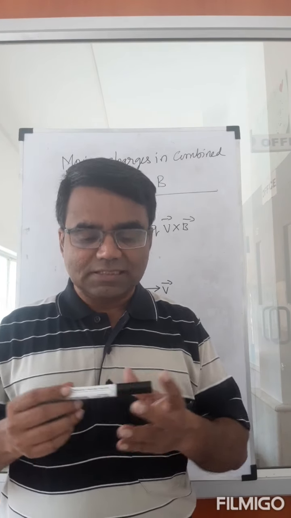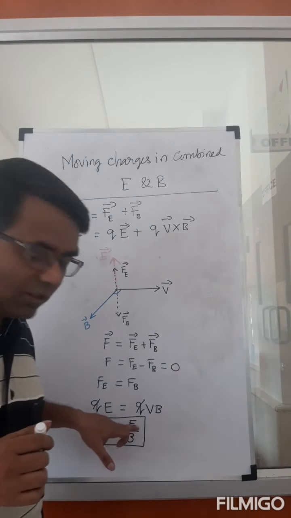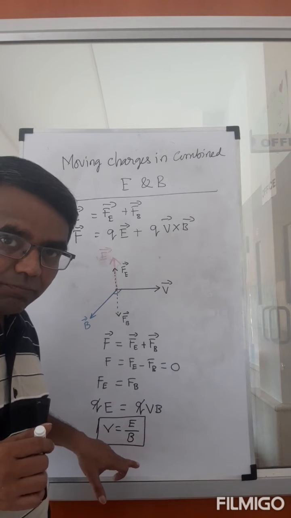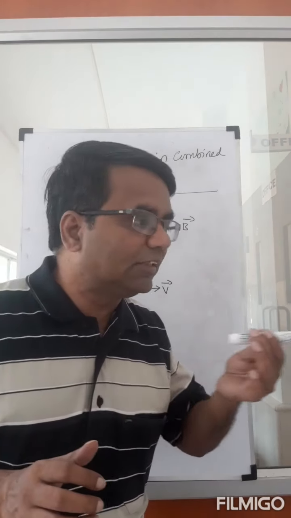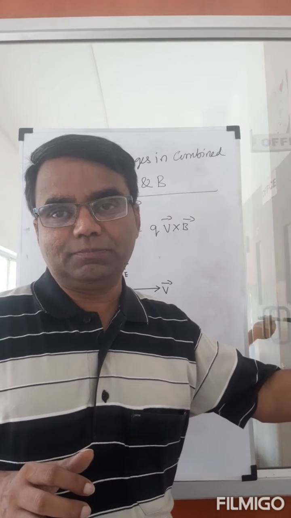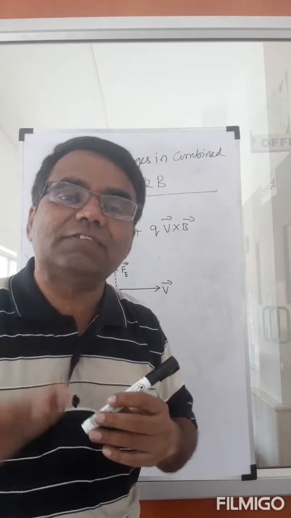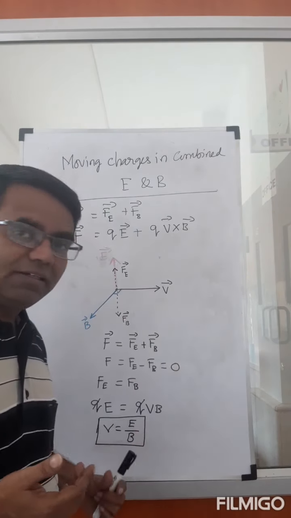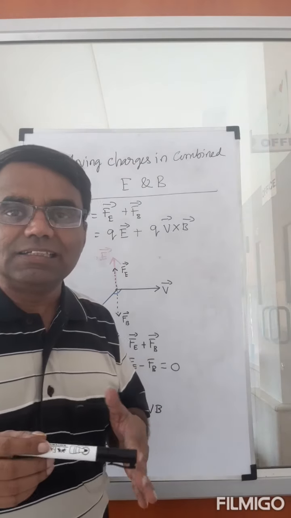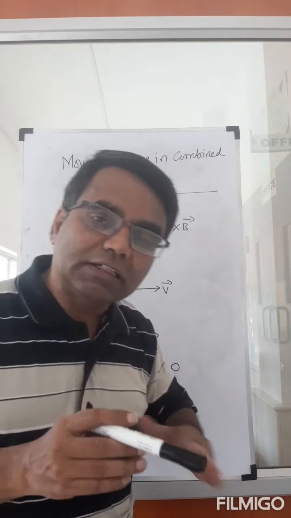What happens is, if the charge has this velocity which is equal to E by B, then the charge will go unaffected by both the fields. But if the charge has any other velocity than this E by B, then it can either move upwards or downwards.